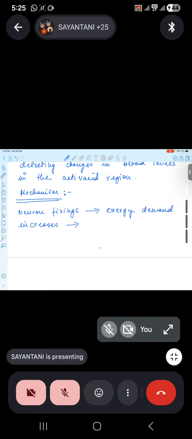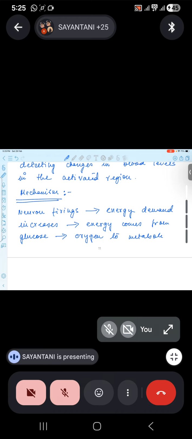And energy comes from where? Comes from glucose inside your body. But you need oxygen to metabolize glucose.